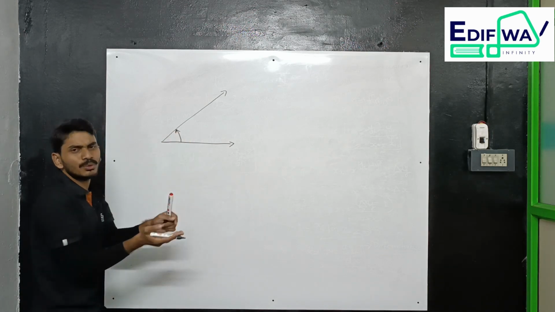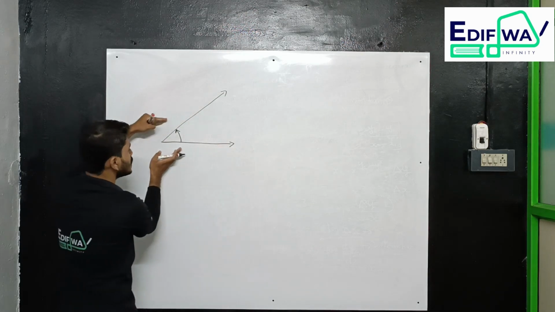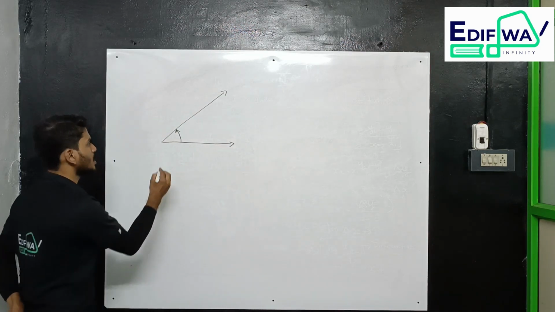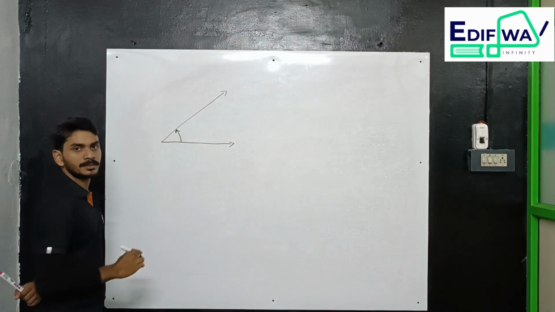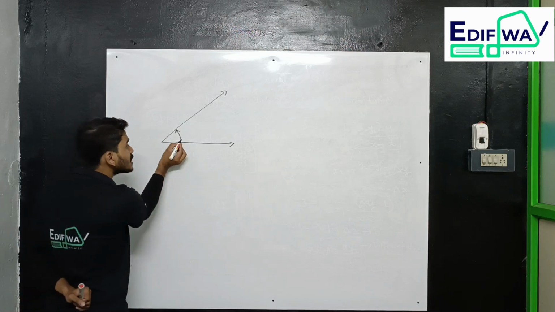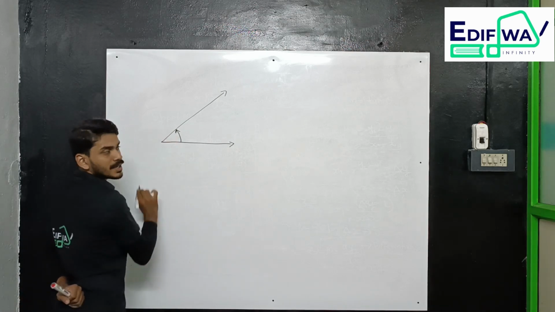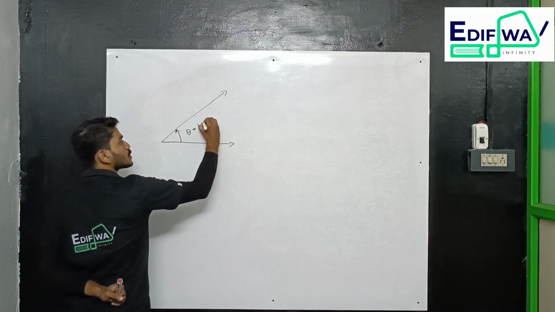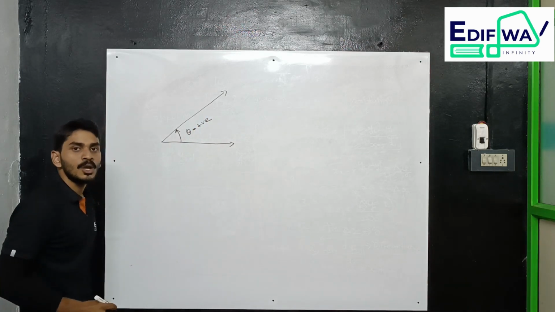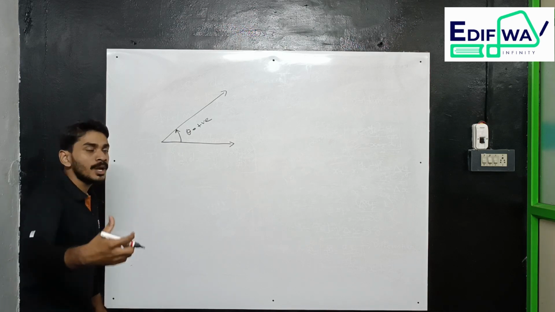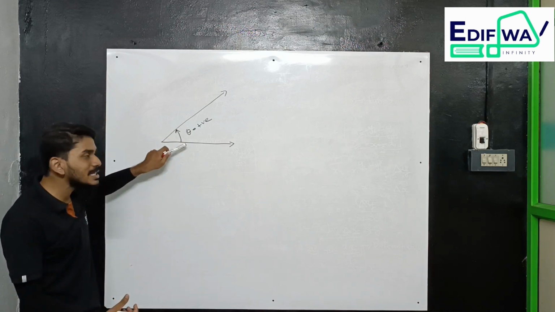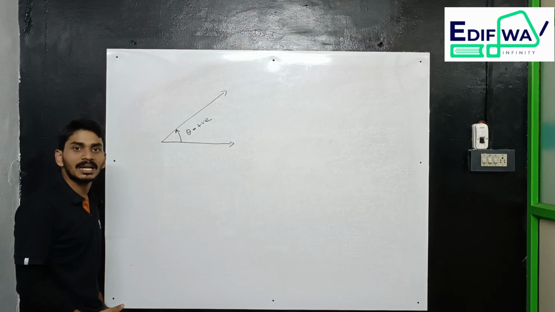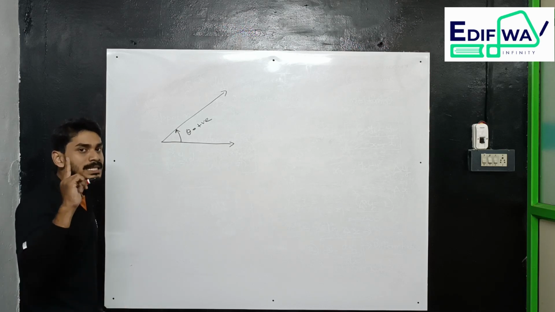Or think of two arrows meeting at a common point, then an angle is formed here. If you measure this angle in the anti-clockwise direction, then your theta can be taken as positive. So a positive angle is formed when the angle is measured in the anti-clockwise direction.